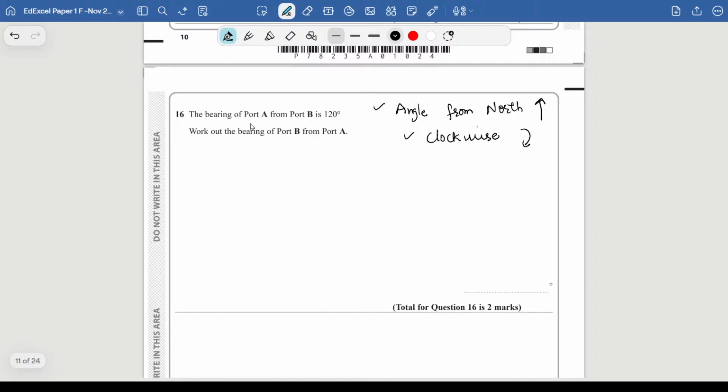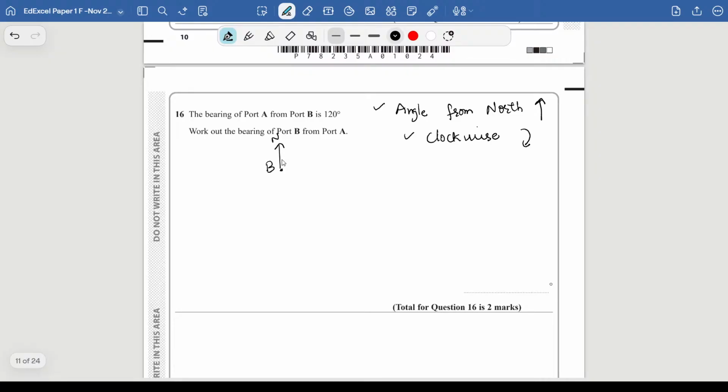Now the bearing of port A from B means we are standing on port B. So if I have port B here, and you connect a line between A and B, I draw a north for B, a straight line like this.